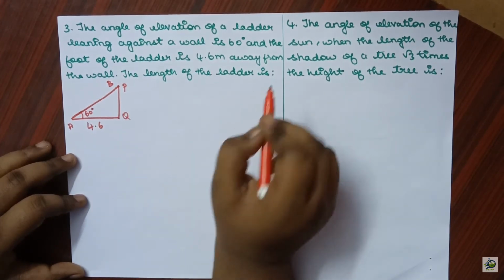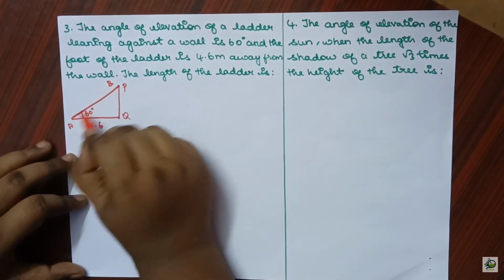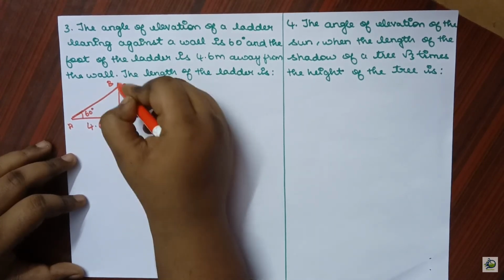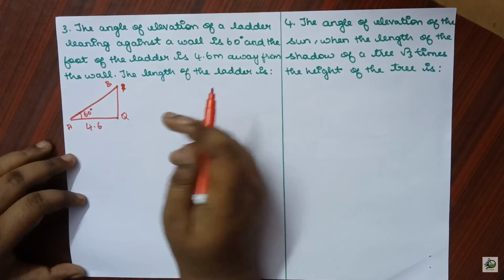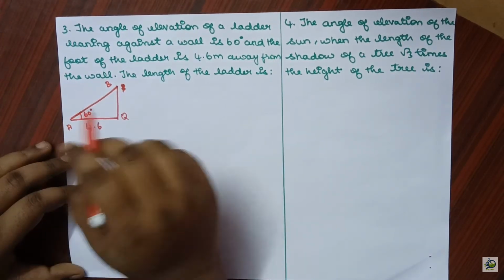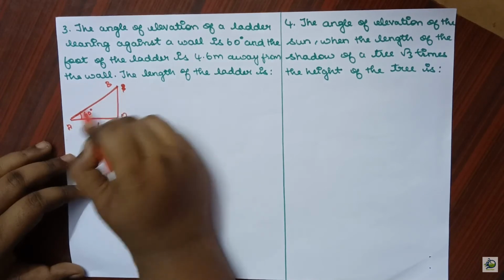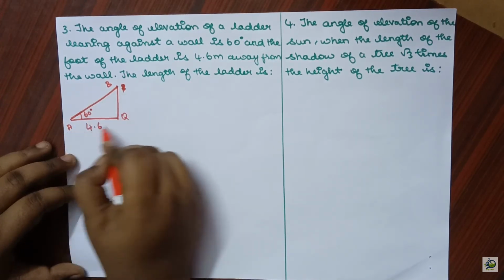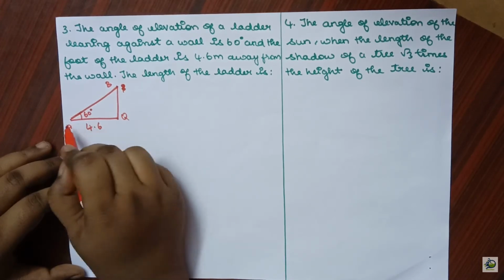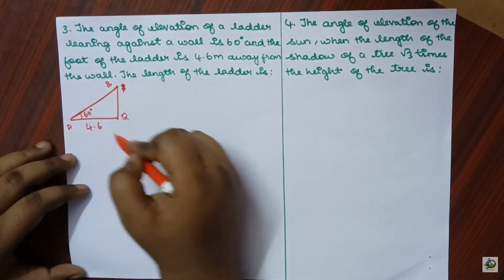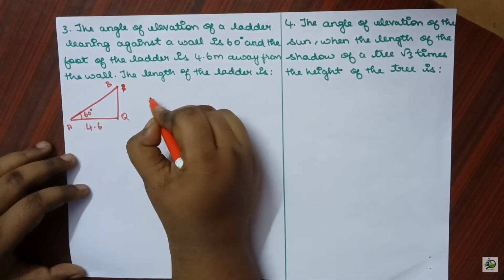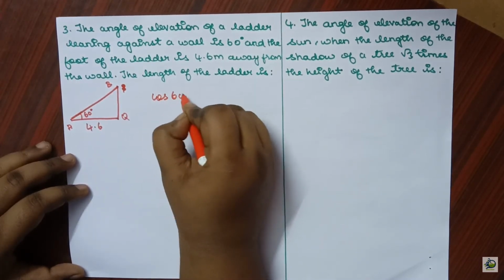Now we have to find the length of the ladder. The length of the ladder is AB. Sorry, I don't need P here, so it is only Q. Okay. So we have to find the length of the ladder AB. I already have the data 4.6, so I have to use the adjacent side and the hypotenuse. Adjacent and hypotenuse is nothing but cos 60.